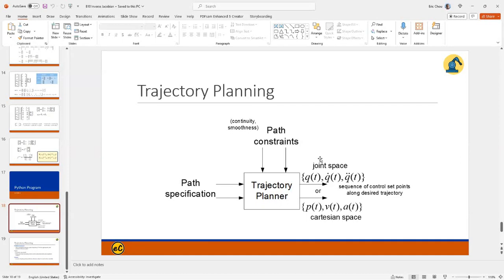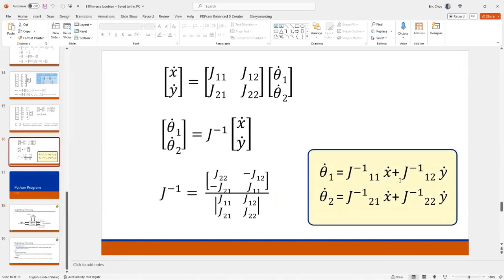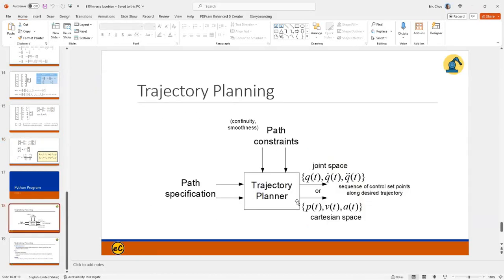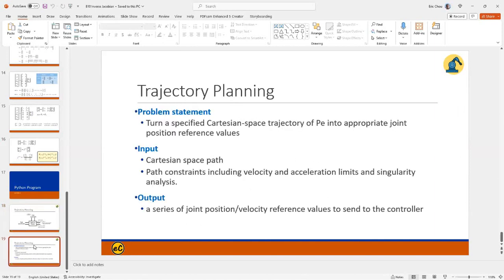So that is a number used to control your robot state variables, the robot joint variables. So basically that's the purpose of the inverse Jacobian. Given the destination XYZ change, what kind of joint variables I need to have. That's called trajectory planning. That is the purpose of calculating the inverse Jacobian matrix.